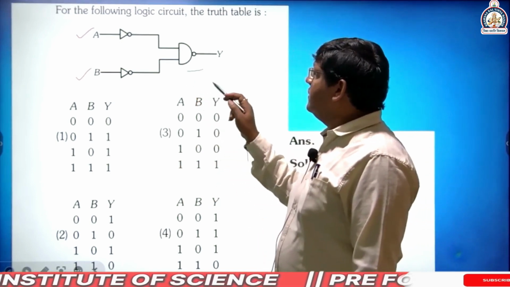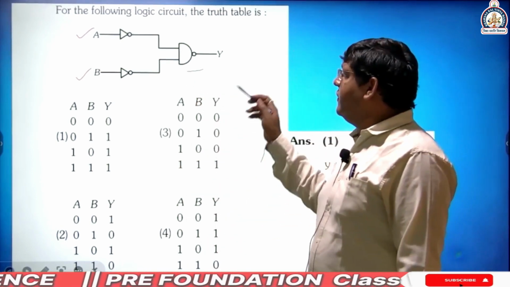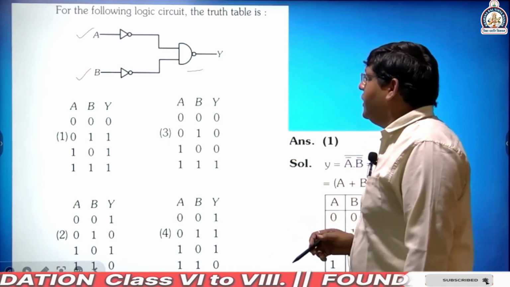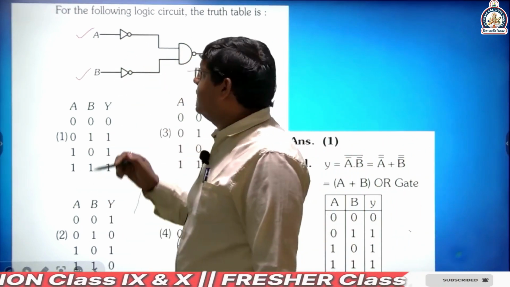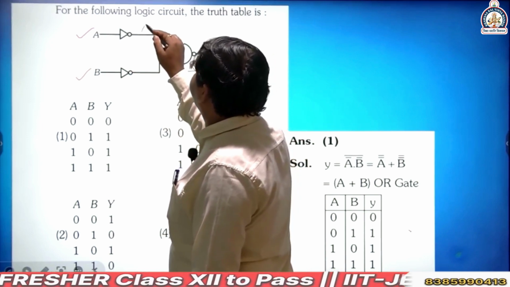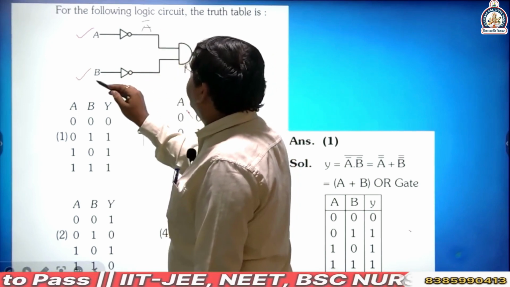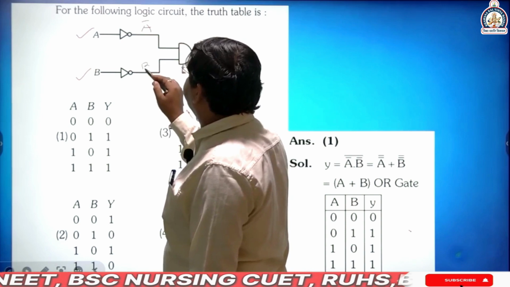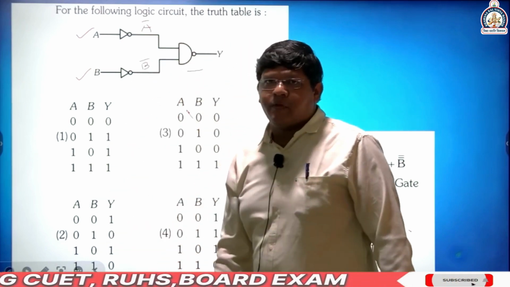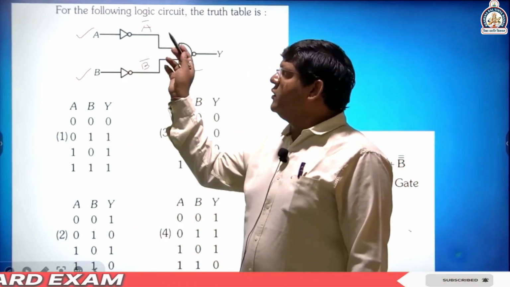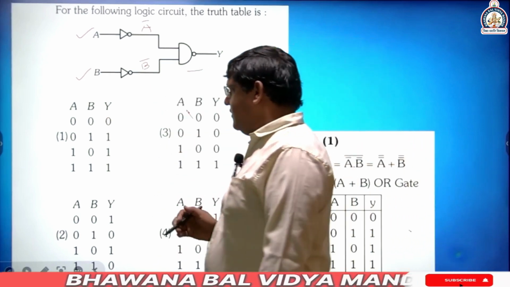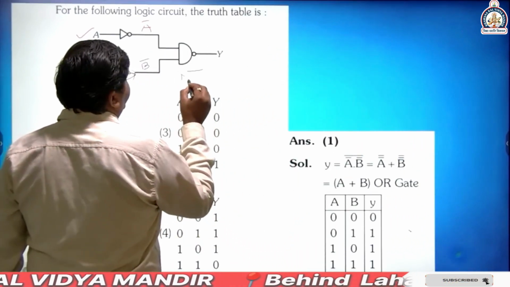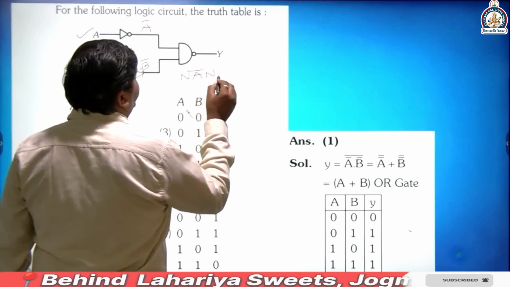Then this is a NAND gate. We have to calculate the value of the output. When A goes in a NOT gate, it becomes A bar, and when B proceeds in a NOT gate, it becomes B bar. Now this is a NAND gate. NAND gate means NOT of AND gate.